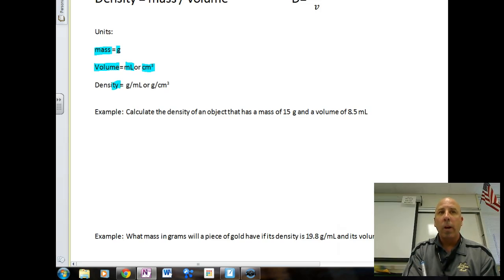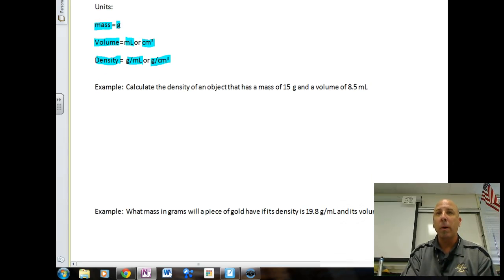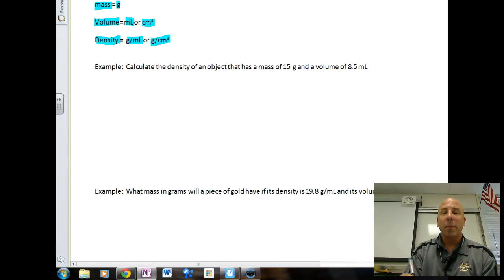And then, of course, when you divide mass by volume, the units do not cancel. So our density unit will be grams per milliliter or grams per centimeter cubed, depending on which one of those we use. So let's do a sample problem here and see what we come up with.